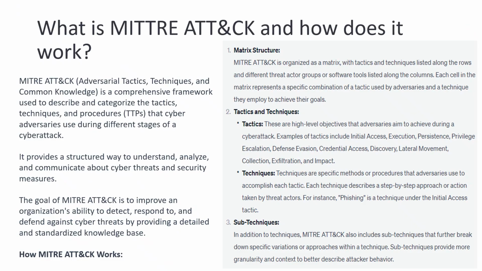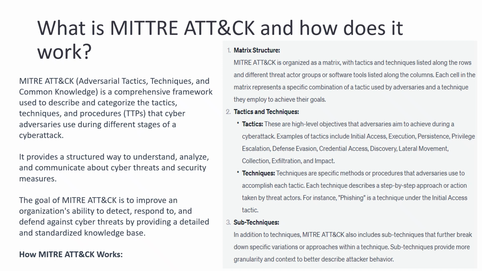So what is MITRE ATT&CK and how does it work? MITRE ATT&CK, Adversarial Tactics, Techniques, and Common Knowledge, is a comprehensive framework used to describe and categorize the tactics, techniques, and procedures, or TTPs, that cyber adversaries use during different stages of a cyber attack.